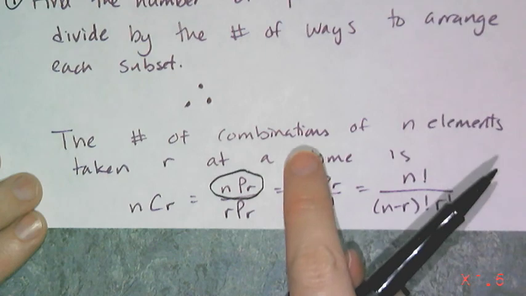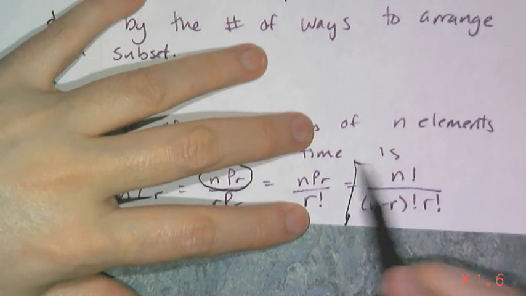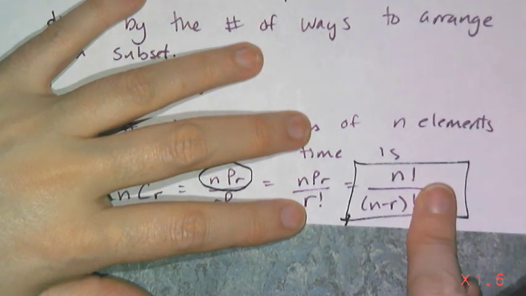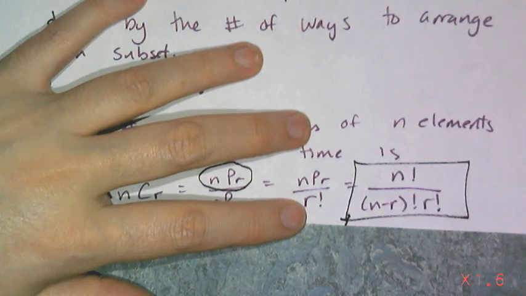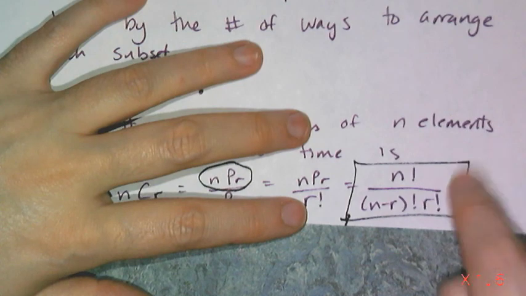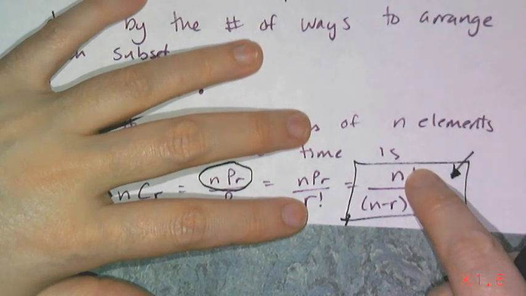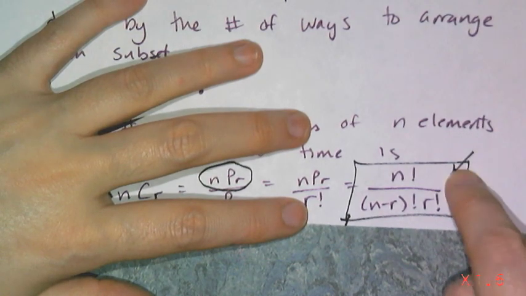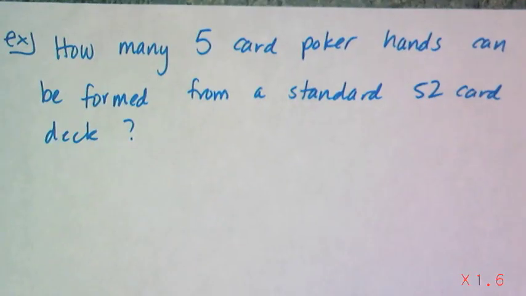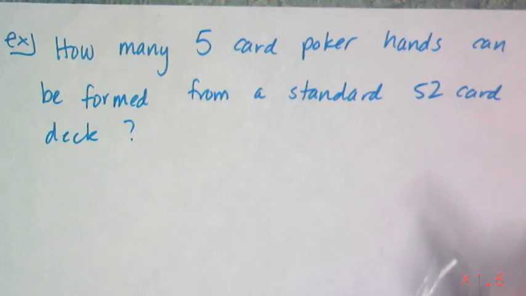So if you plug in the permutation formula, you get this formula here, n factorial divided by n minus r factorial, that thing there is a permutation, and then divide by r factorial, or the number of ways there are to arrange r elements, and then you get the number of combinations. And this should look totally familiar because this was also the way to find the coefficients in your binomial expansion. Surprise!